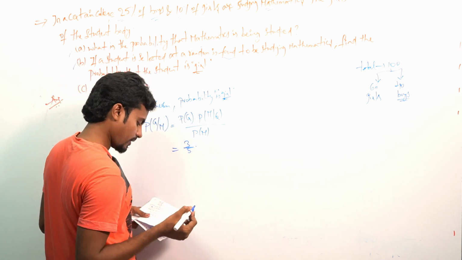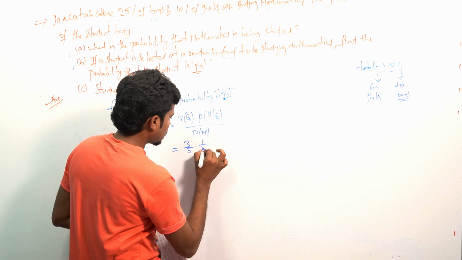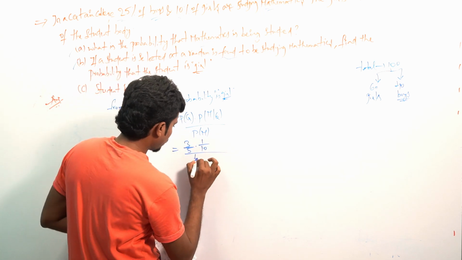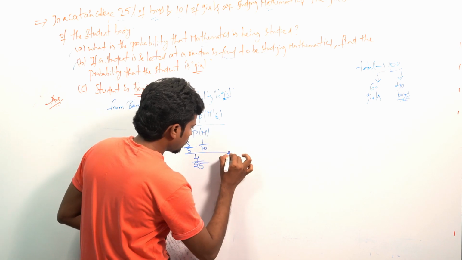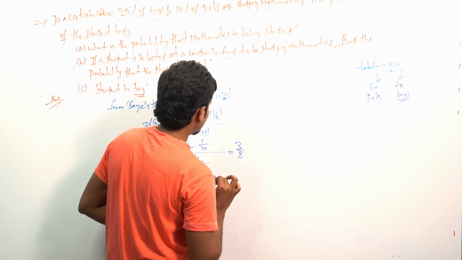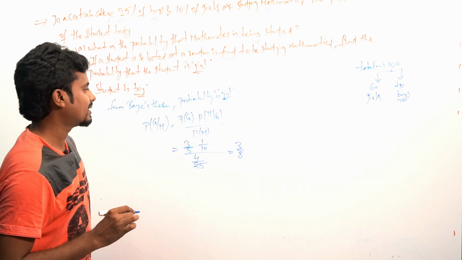That will be 3 by 5, and P of M by G will be 1 by 10. P of M will be 4 divided by 25. If you solve this, how much will you get? You will get 3 divided by 8.